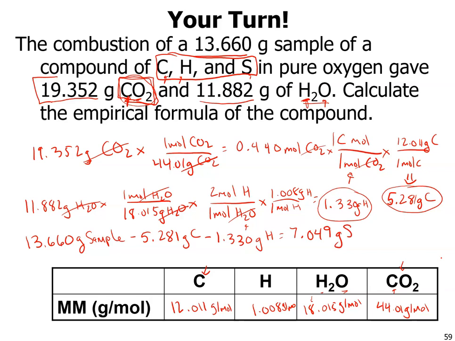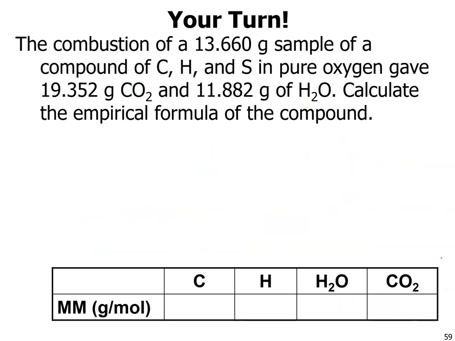Now I have this amount of sulfur, the amount of hydrogen, and the amount of carbon. So I'm going to erase all of the ink on the slide, so if you need to write any of this down, I would pause here. And I'm going to start with a fresh page. My next step is to determine the percentages. I take the 5.281 grams of carbon, divide that by the whole sample, and multiply by 100, which gives me 38.66% carbon.